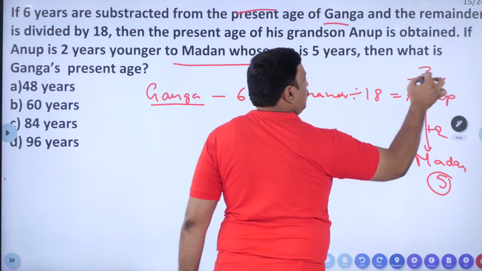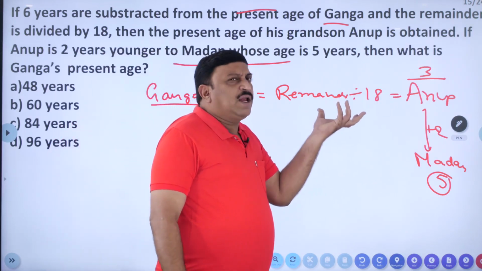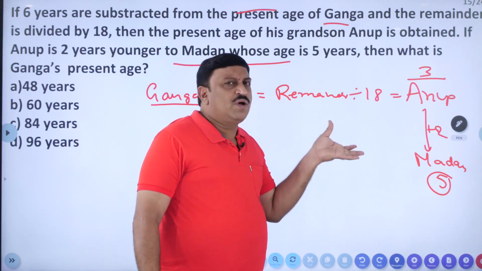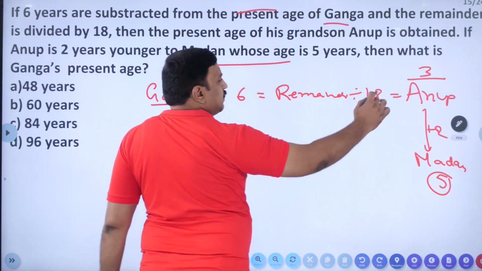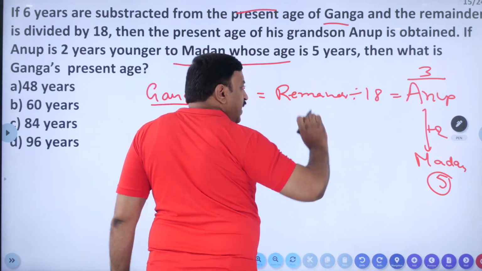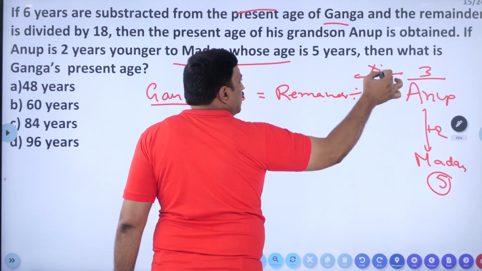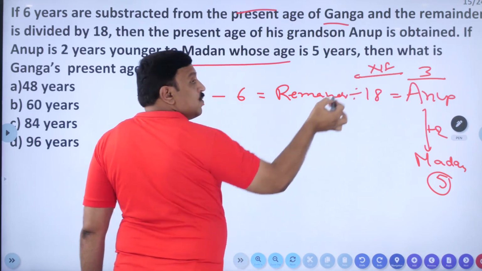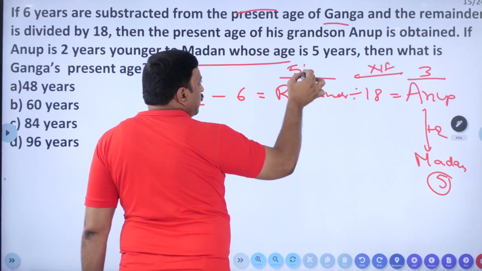He is 3. Okay. You don't need to go for an equation. So 3. When you are going reverse, when you are dividing by 18 you are getting 3, so going back you have to multiply by 18. 18 times 3, how much? 54. So your remainder is now 54.